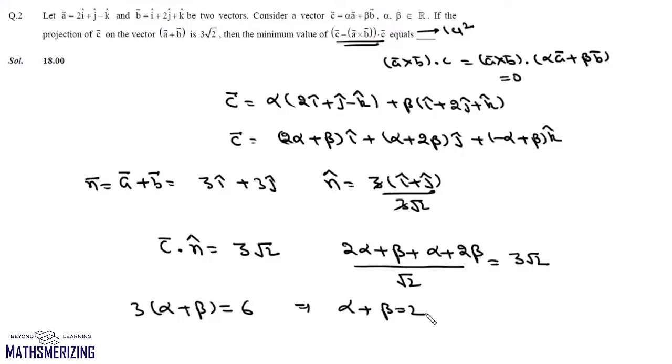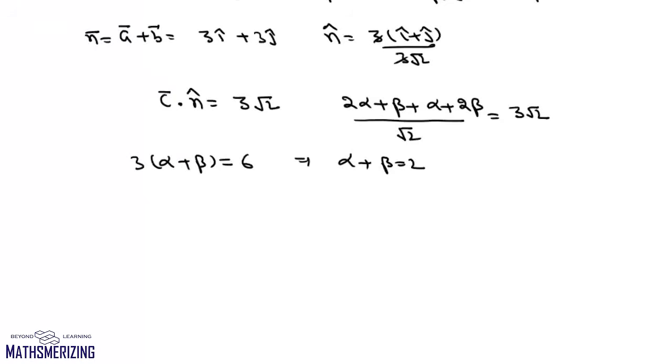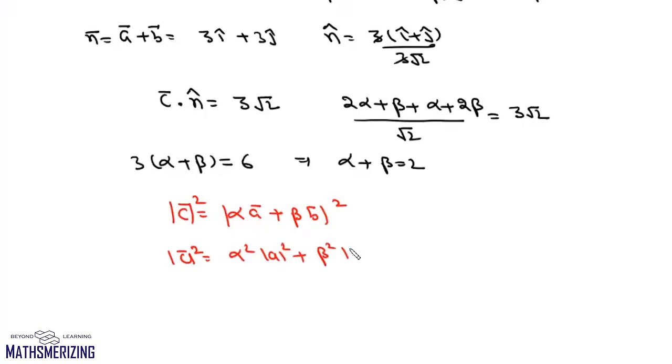Now we need to find the value of mod of C square. We're given that C is alpha A plus beta B. Now we take its mod and we square it, we'll get mod of C square, and this is alpha square into mod of A square plus beta square into mod of B square plus 2 alpha beta into A dot B. Now what's mod of A square?